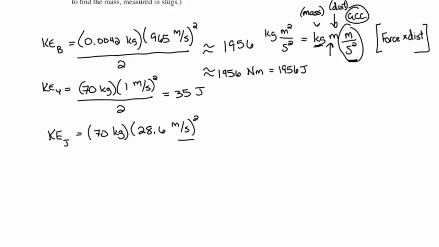Square that bad boy, divide by 2, and grab a calculator. Give me a moment. That's roughly 28,629 joules. That's a lot of energy stored in that mass, which is a jaguar. So you can see that's very powerful, and we often think of bullets as being very powerful, but I could adjust these numbers slightly just to get these numbers to work out. That's maximum speed. Obviously, they can't maintain that burst forever.